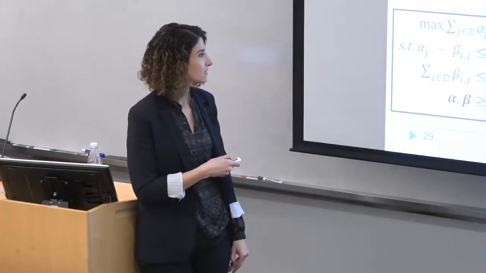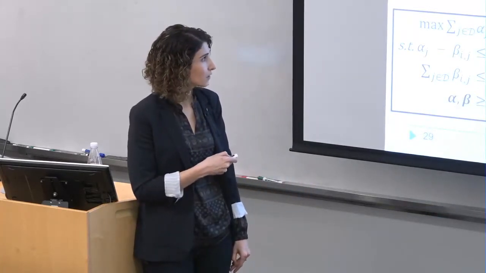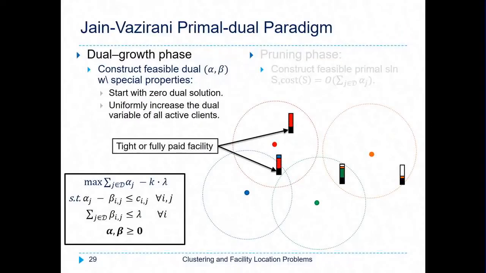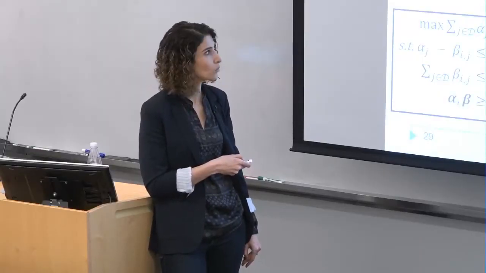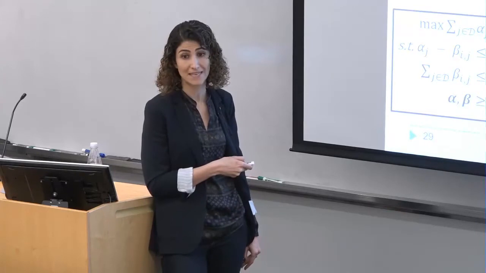This means that we say these facilities are tight, and for any client that can reach these facilities, we cannot increase their alpha j anymore, because we want to have a feasible dual solution. So these clients become inactive.